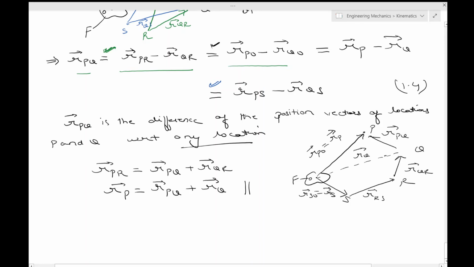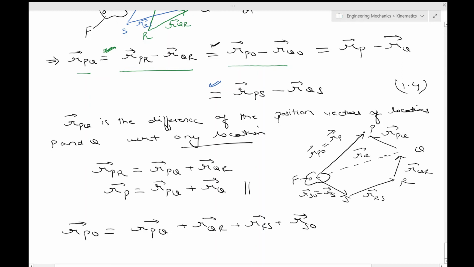So RPO can be written as RPQ plus RQR plus RRS plus RSO.